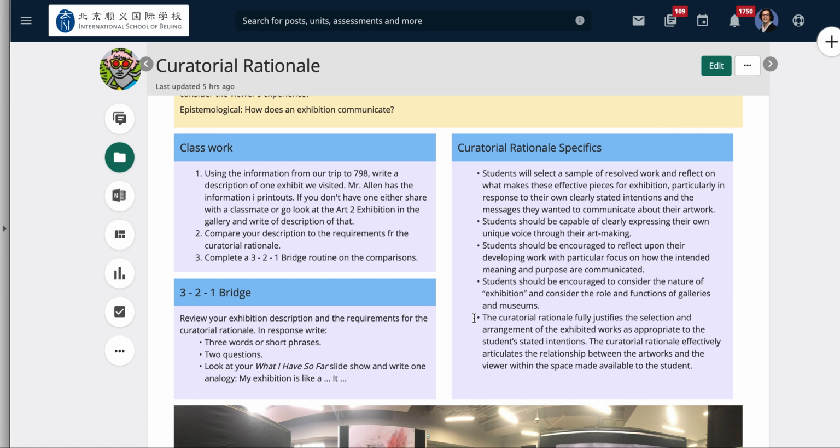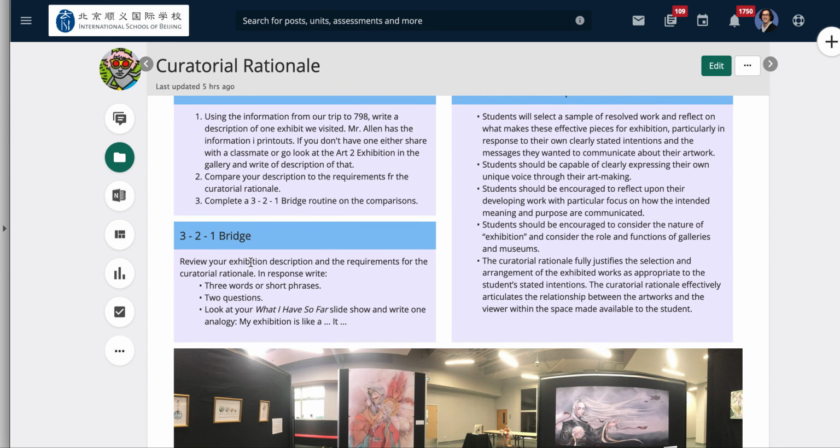So once you've compared your writing to what's required in the curatorial rationale, we're here on number 3. Complete a 3-2-1 bridge routine on the comparisons. Here are the instructions for the 3-2-1 bridge. This is like a thinking strategy. First, look at your writing, look at the requirements, and write 3 words or short phrases. I suggest adjectives.